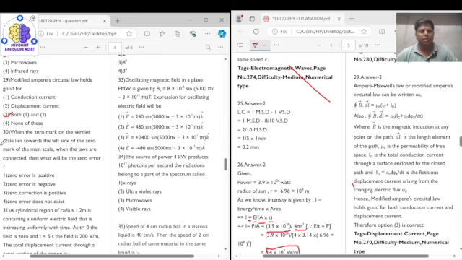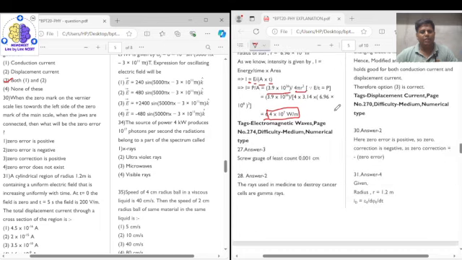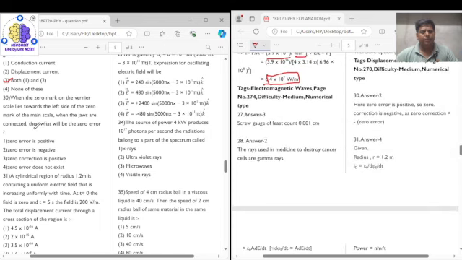Coming to question number 30, when the zero mark of a vernier scale lies towards the left side of the zero mark of the main scale, when the jaws are connected, then what is the zero error? So this zero error, when it is on the left, the zero error is your positive zero error.